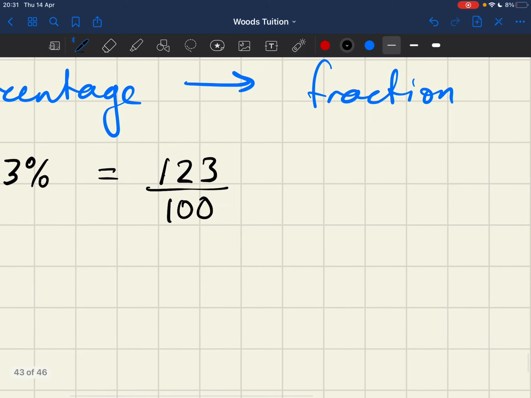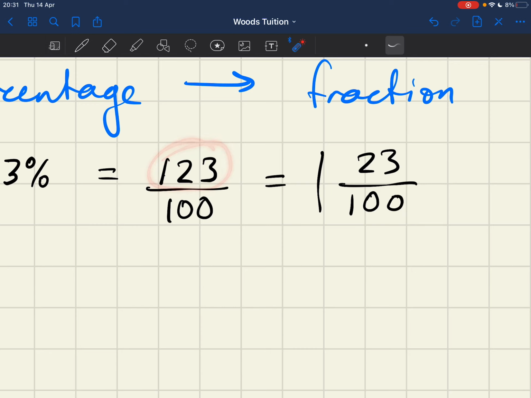And then all we have to do is simplify this down. Okay, I actually think that this is going to be 1 and 23 100ths as the final answer. So what I've done there is I've made the top heavy or improper fraction mixed. So a whole number, which was 100 over 100 equal to 1, and then the 23 left over.